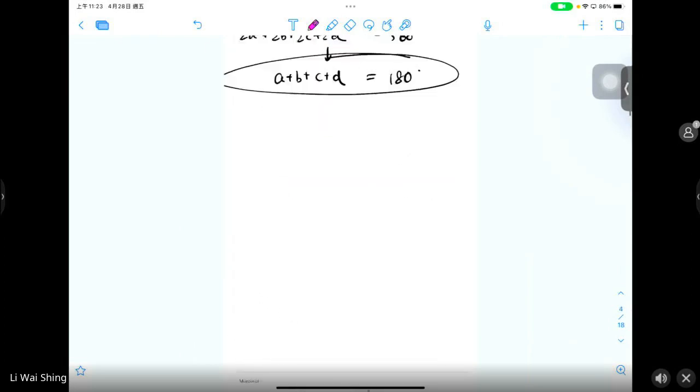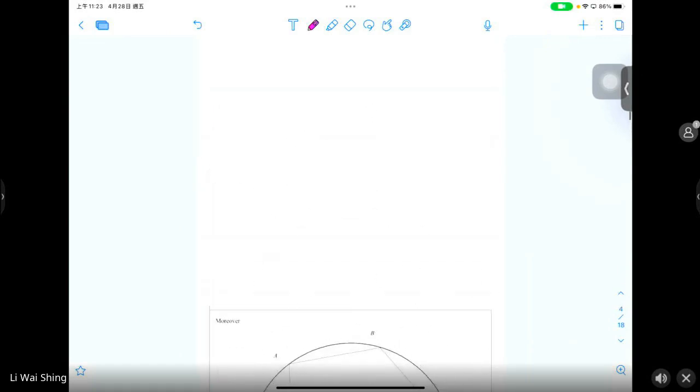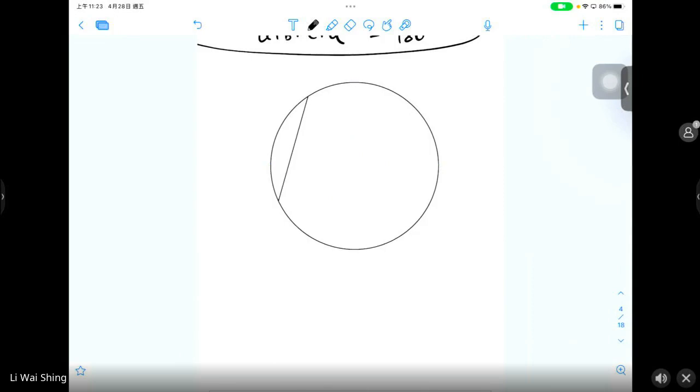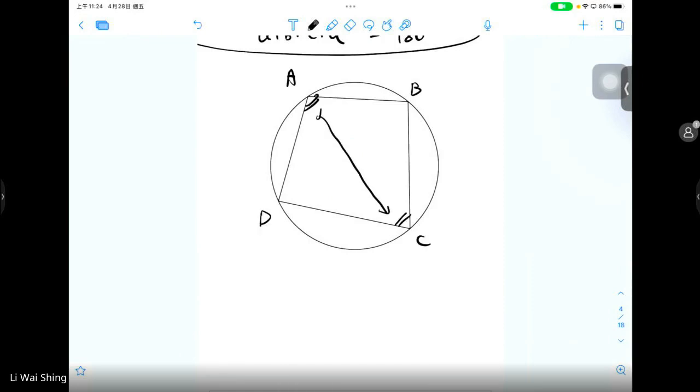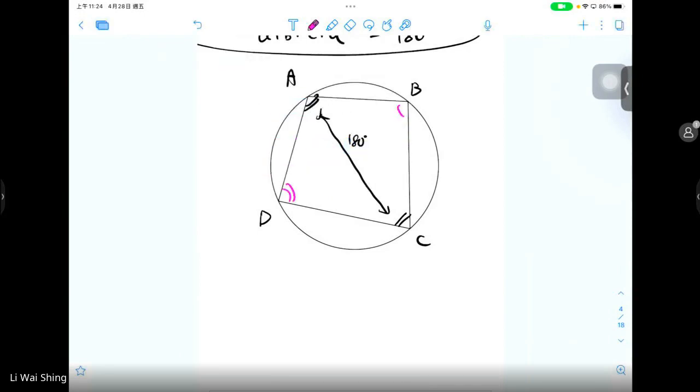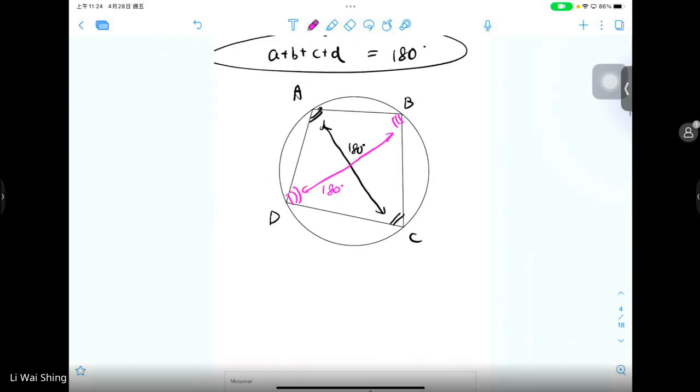So from this, you can derive the formula yourself. You have derived that. Please mark it down. If there is a cyclic quadrilateral ABCD, the sum of opposite angles would always equal 180, because they are A plus B plus C plus D. Please mark the figure yourself.